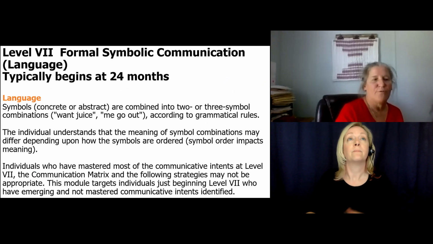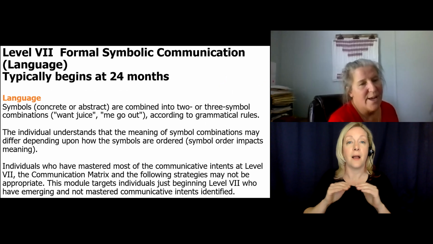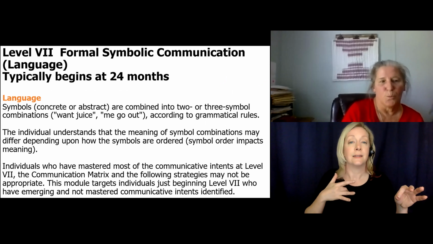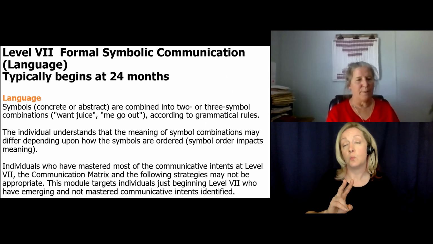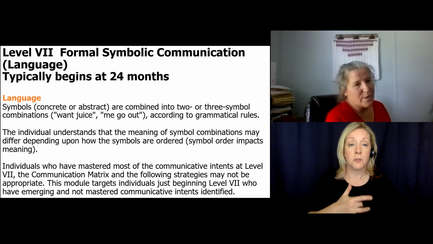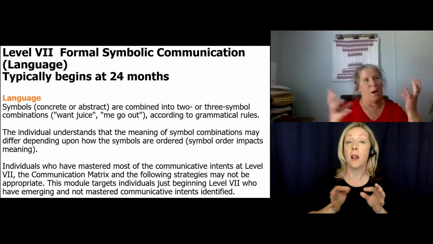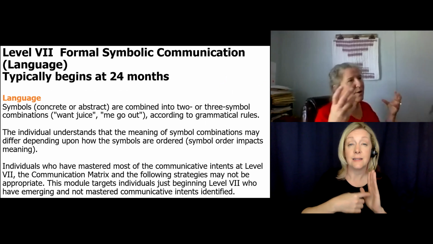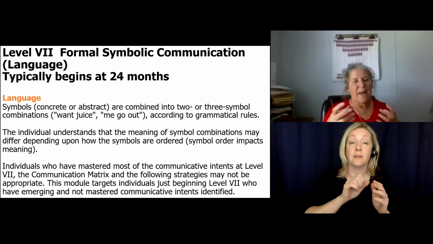Okay, so now we're finally getting to level 7, and that's language. That's where it typically begins around 2 for our typically developing kids. So language is where the symbols, those both concrete and abstract, are combined into 2 and 3 word combinations.